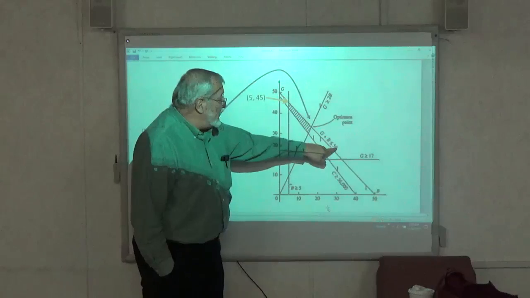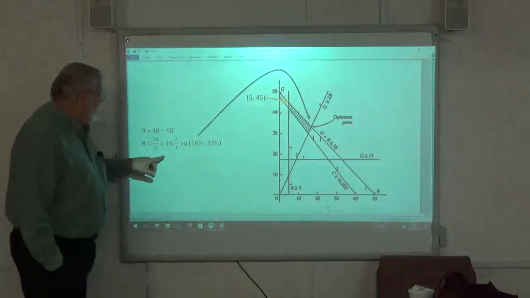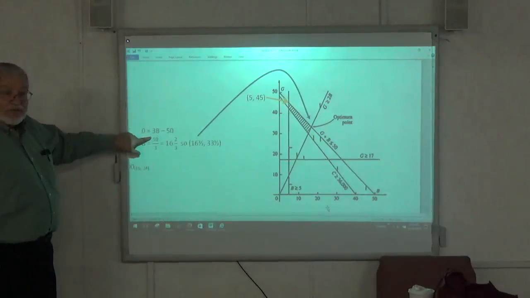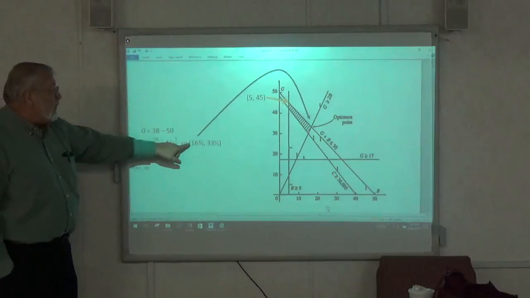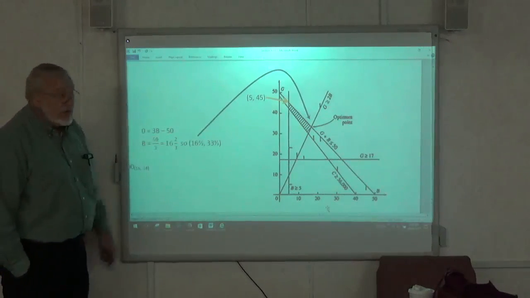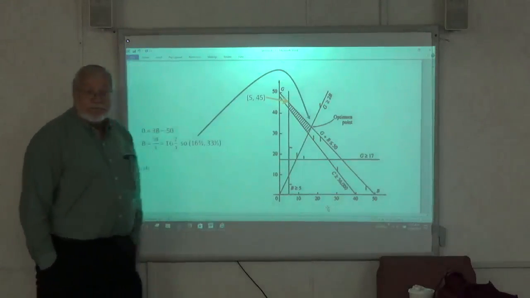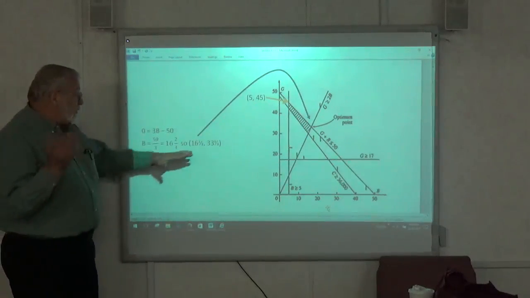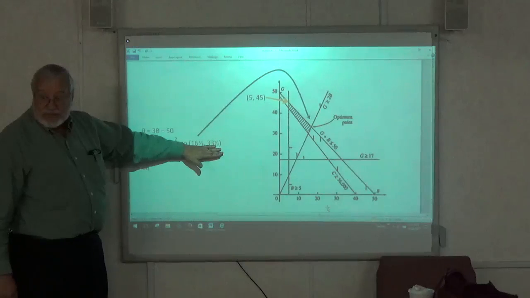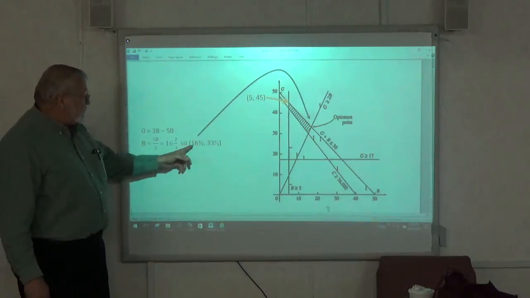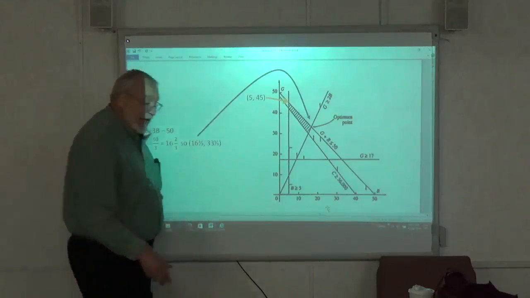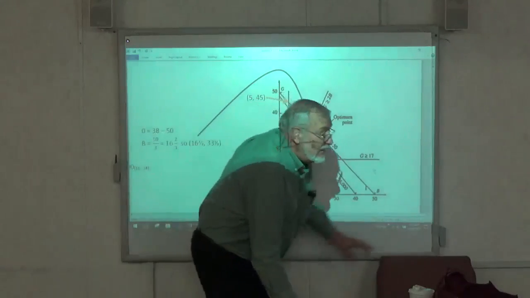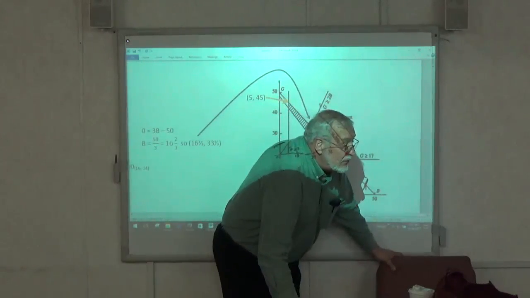If 3B is equal to 50, then B is equal to 50 over 3, 16 and 2/3, or 16 and 2/3, 33 and 1/3. That's that point there. Okay, now, in the problem, you had to have whole numbers. So that means you have to choose either 16 or 17. Okay? All right, now, let me show you what happens with this problem.